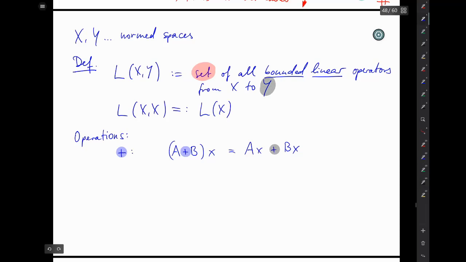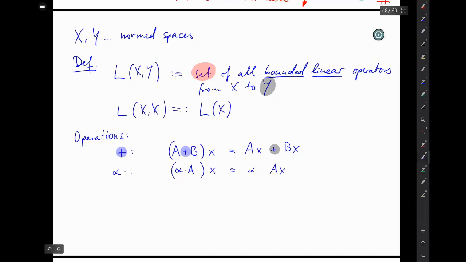Okay, the other operation that we need is alpha times. So alpha times A shall be the operator that applied to little x just gives you alpha times A of x.